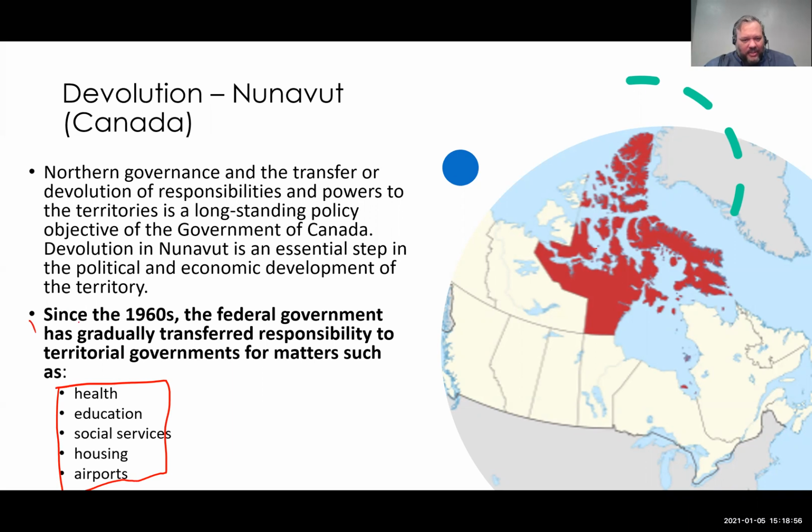And so these are the things now that the local governments can do: issues dealing with health, education, social services, housing, and airports. All right. So again, it is the passing from the central government, the Canadian government, and then they're saying, okay, you guys can do that. All righty.